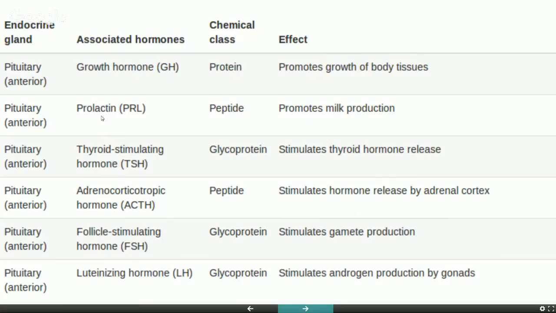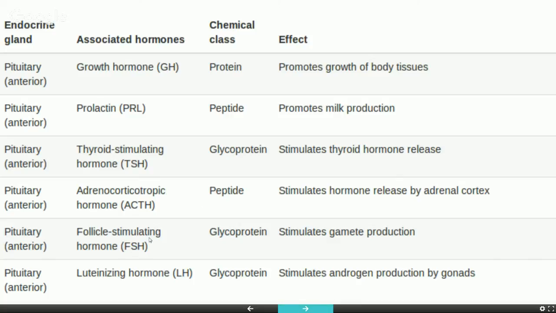I won't talk about prolactin, but that's the one that actually stimulates milk production. I won't talk about TSH, but obviously from its name, it stimulates the thyroid gland. I won't talk about adrenocorticotropic hormone, or ACTH, but it stimulates the adrenal cortex to release the hormones that we just talked about.